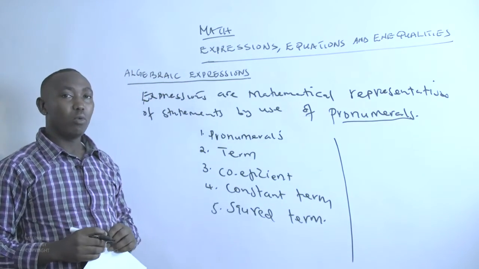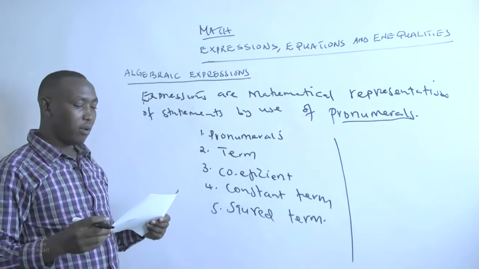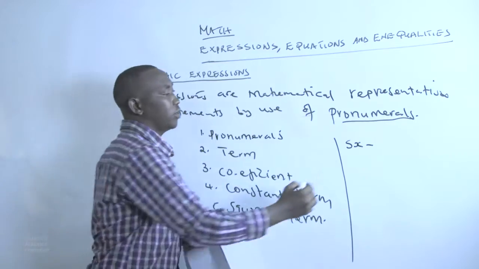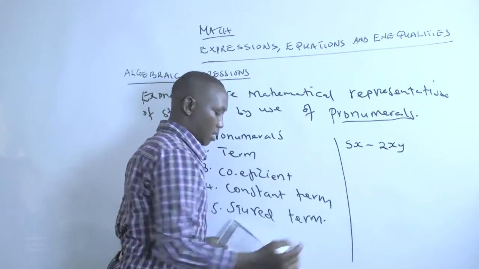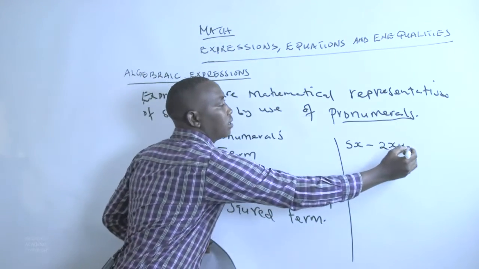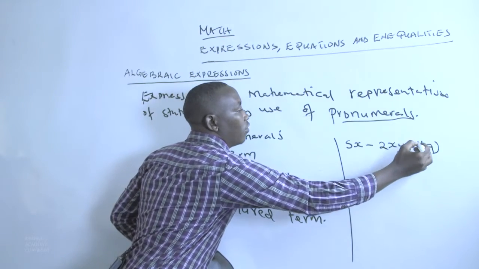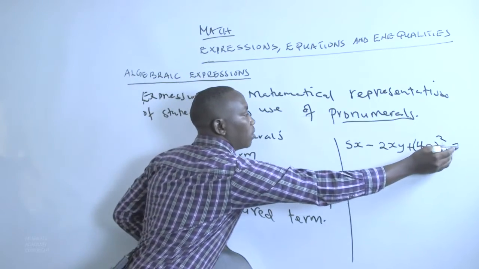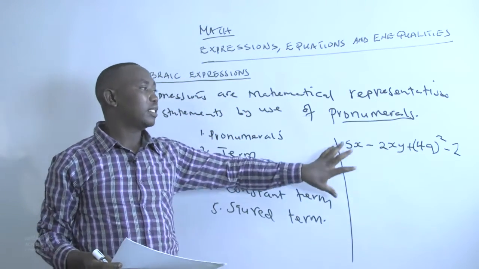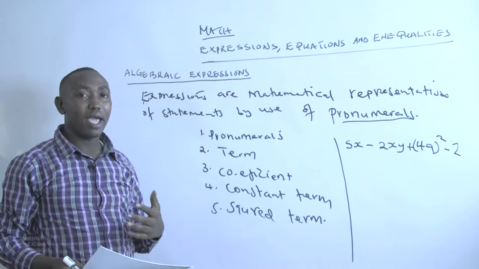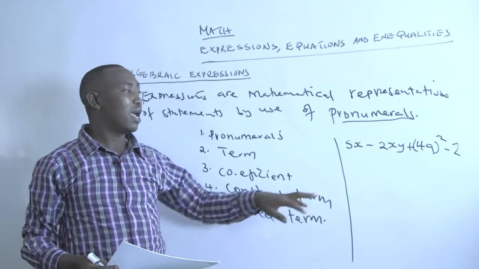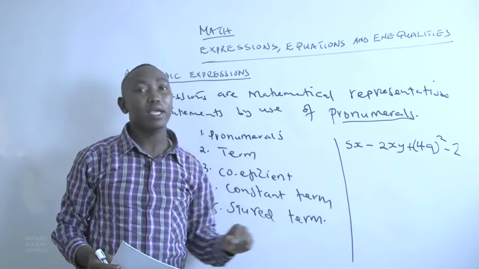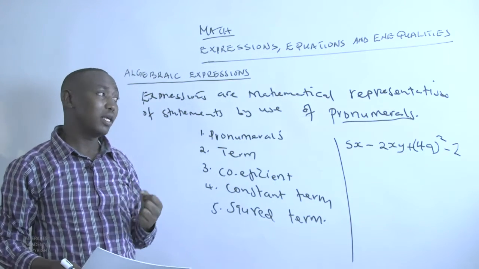If, for example, we are given an algebraic expression of the form 5x minus 2xy plus 4a squared minus 2. This is a good example of an algebraic expression where we are using alphabetical letters x, y, and a to represent some mathematical statements.